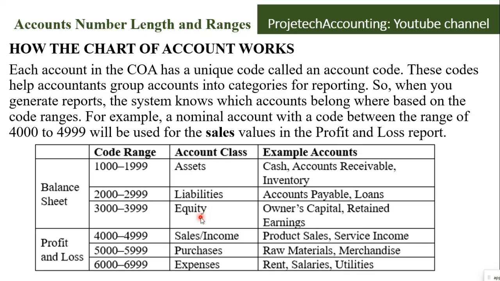So when doing that, it's very important you know the number codes, so that if you are modifying an account, you will know the code range you are going to assign to the new account you are adding. So these are the different ranges.